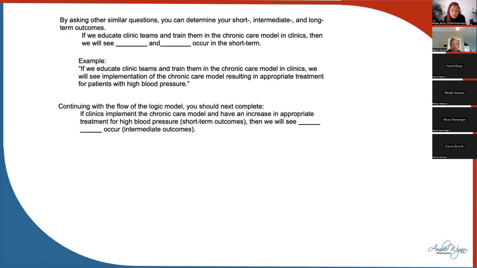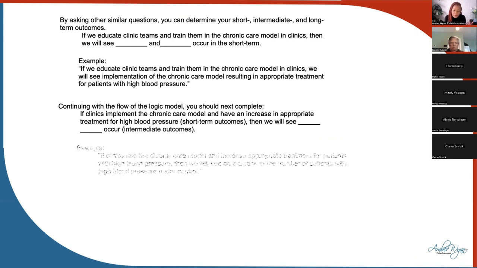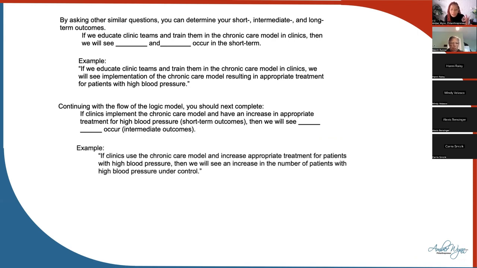And then if we continue with that, right, we can get to the intermediate outcomes. If clinics implement the chronic care model and have an increase in appropriate treatment for high blood pressure, then we will see X and Z. So if they use the chronic care model and increase the treatment for patients with high blood pressure, then we will see an increase in the number of patients with high blood pressure under control.